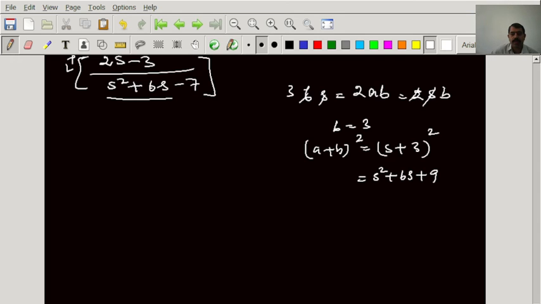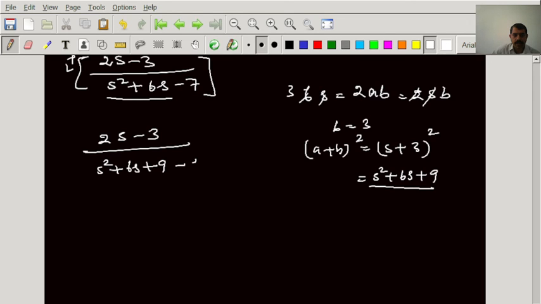Sometimes we may face difficulty, so what we do? We write this one as it is: 2s minus 3 dividing by s square plus 6s plus 9 and subtracting 9. See, this is nothing but s plus 3 whole square.